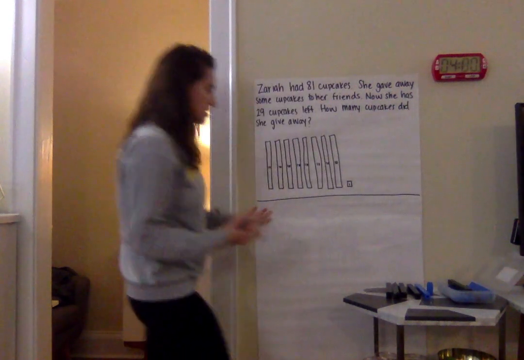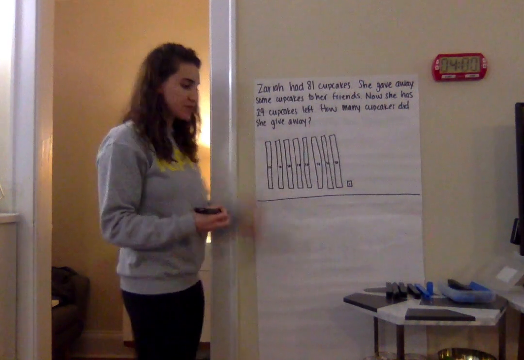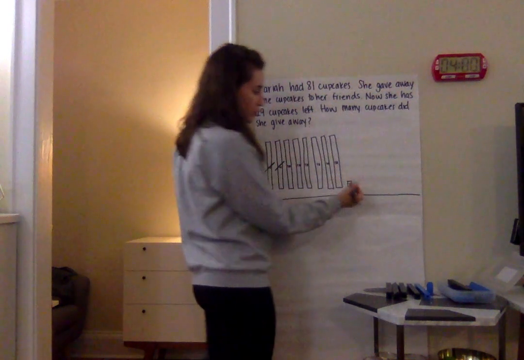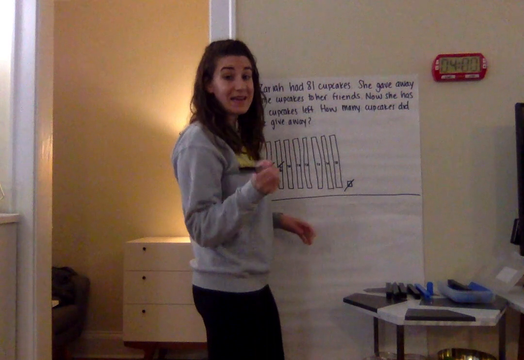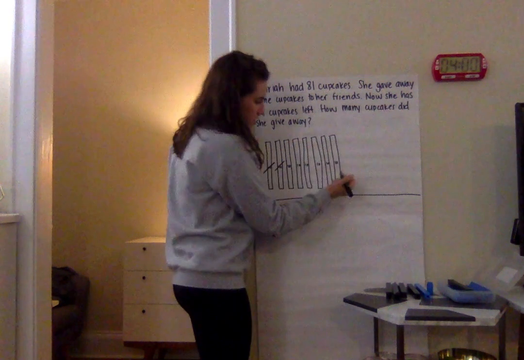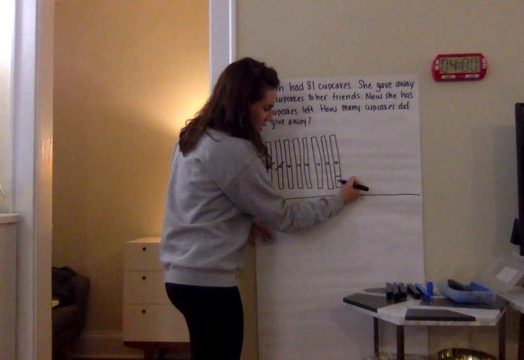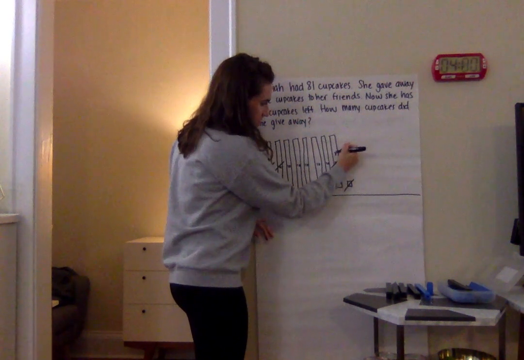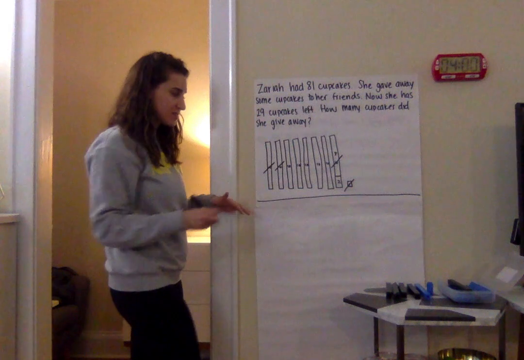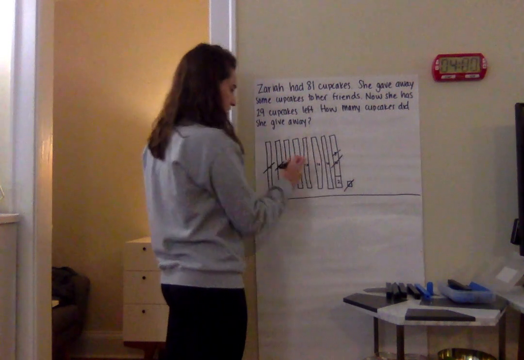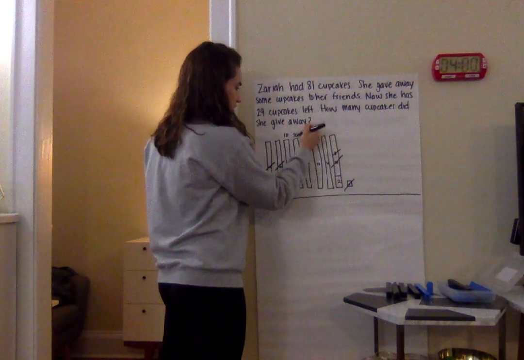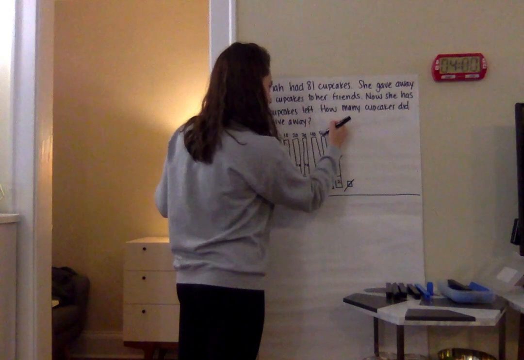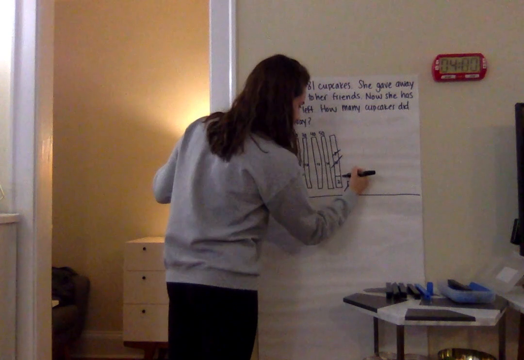Okay. Here are my 81, and I'm going to start by taking away 29. 10, 20, this is where it got a little tricky. I had to take away that 1, and then I needed 8 more. So I'm going to leave 2 at the bottom, and take away 8 cubes. That means that leaves me with 10, 20, 30, 40, 50, 52.